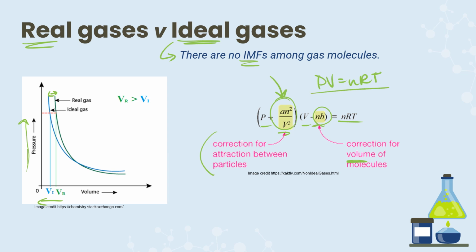When they're at super high pressure, they're going to deviate from our ideal gas math. If they're super big molecules or we have a very small volume, they're going to deviate from our ideal gas math because they're going to be closer to each other, and those intermolecular forces are going to start to actually have an effect, a pretty big effect on their behavior. But again, for us, we're going to pretend like our gases are ideal.